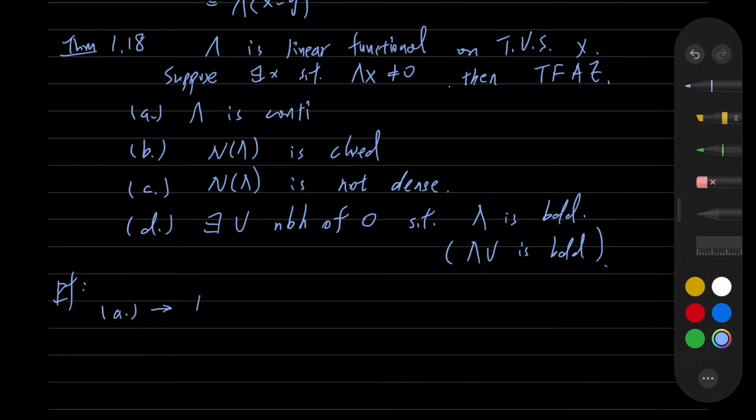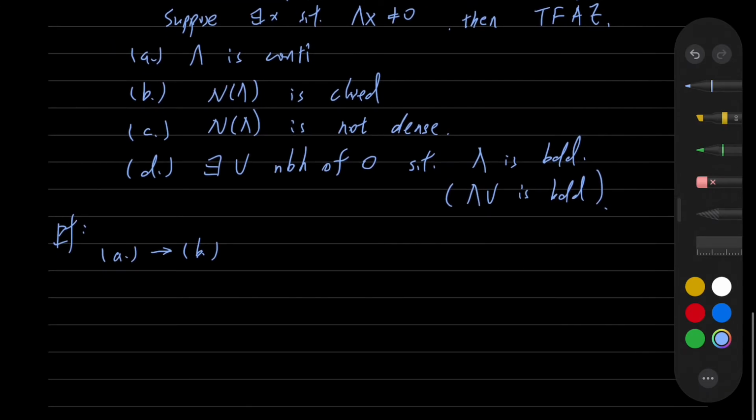So the proof is very easy. So A to B says that continuous implies that the null space is closed. It's very easy. Lambda is continuous and {0} is closed.